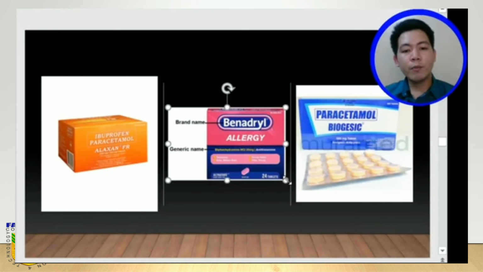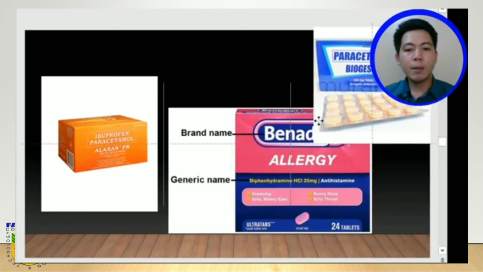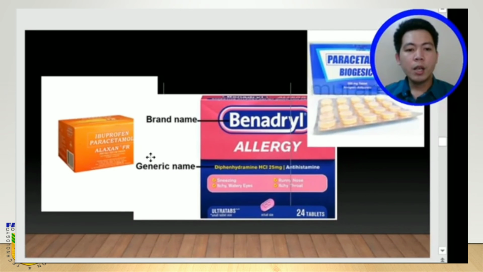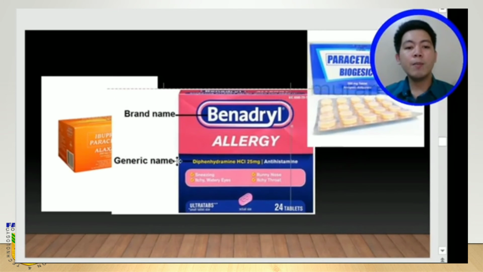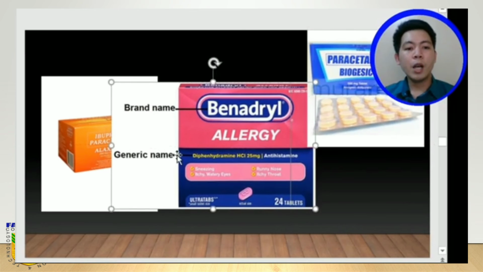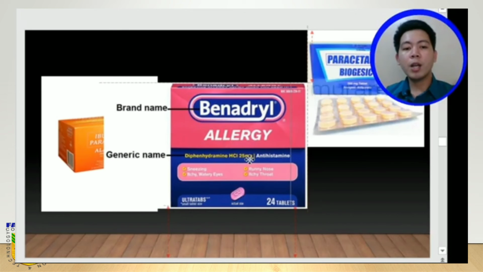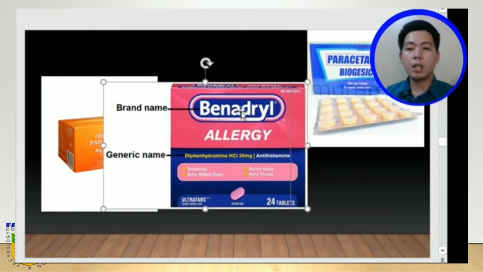So, we have here, for example, Benadryl. Ayan, nagamot sa allergy. Ang brand name niya, ito yung pinapatalastas, or pangalan ng produkto mismo na pinabandera, pinopromote. Okay, lahat ng gamot na may diphenhydramine HCl, pare-pareho lang, magkakaiba lang sa brand name. So, Benadryl. Another example dito ay phenylephrine.